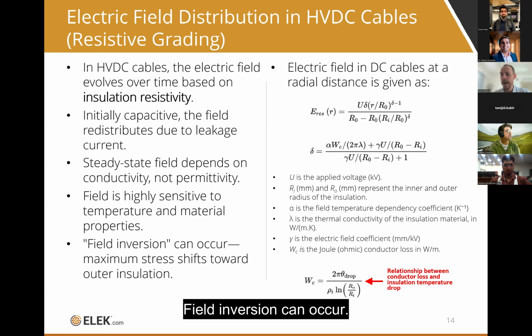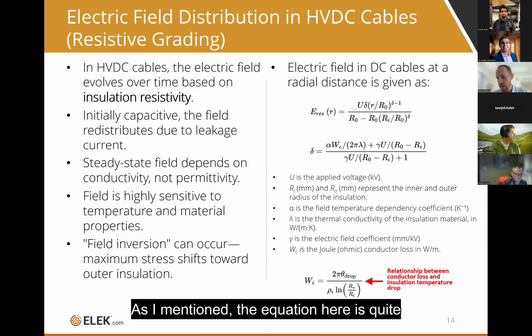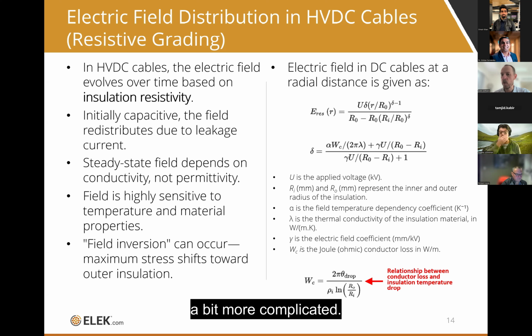Field inversion can occur. That's where the maximum electrical stress shifts towards the outer insulation. Now in HVAC, we're used to the maximum electrical stress occurring at the inner of the insulation, but as field inversion occurs, it moves from the inner to the outer. As I mentioned, the equation here is quite a bit more complicated. There are more interdependent terms here.